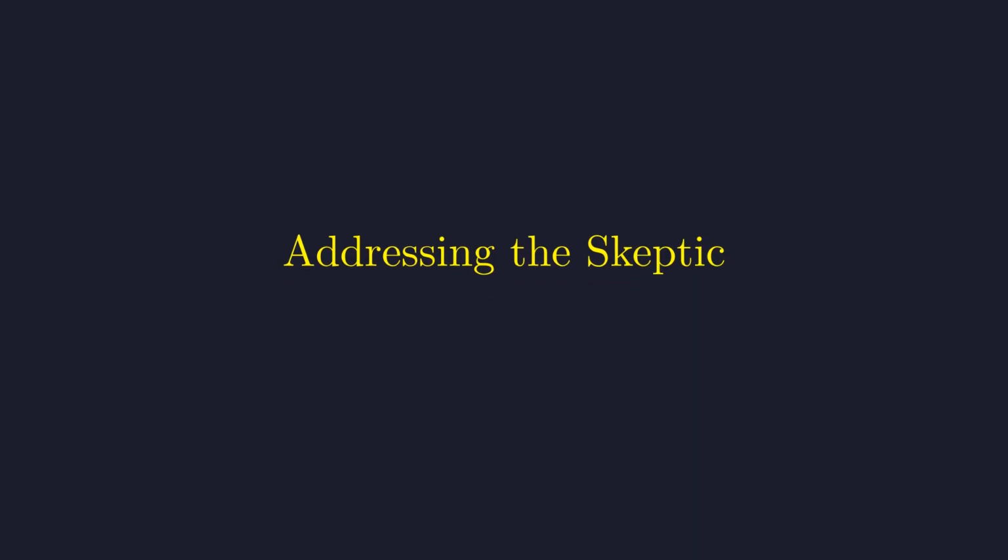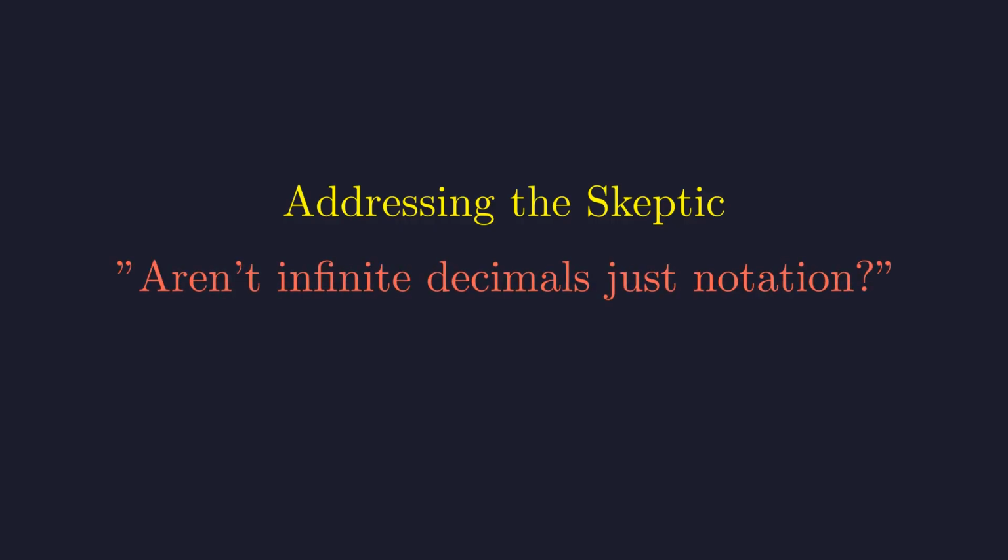Now, let's address the elephant in the room. Some of you might be thinking, these proofs all seem to assume what they're trying to prove. Let's tackle this head-on. One philosophical objection is that decimals are just notation, not the numbers themselves. From this view, asking if 0.999... equals 1 is like asking if 1/2 equals 0.5.